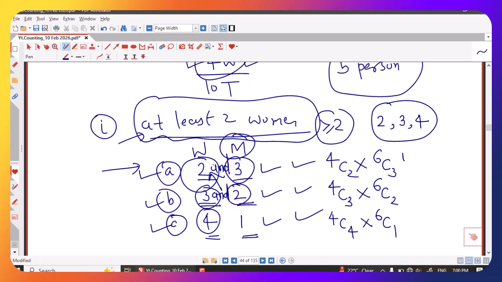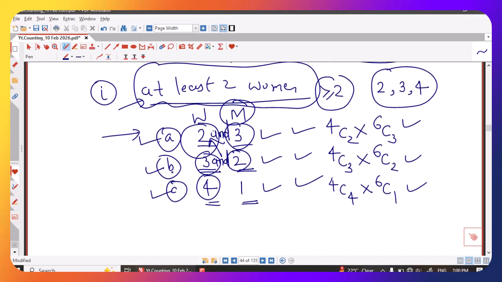So these are the numbers of ways of doing task A or task B or task C, and this task is performed if we have performed at least one of these three tasks. That is, the task of selecting at least 2 women in a committee is performed if task A is performed or task B is performed or task C is performed.